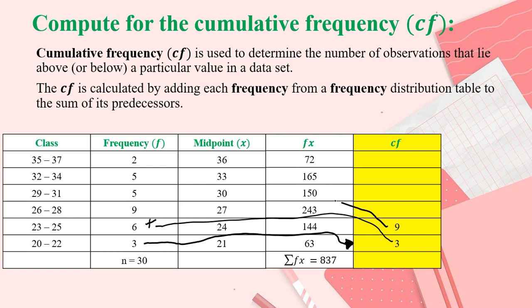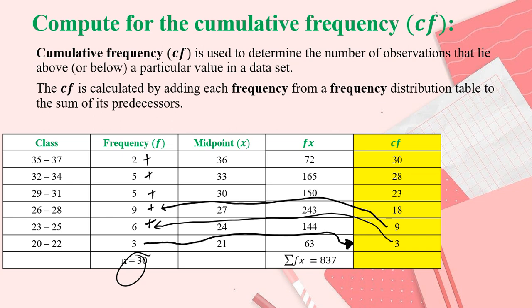Okay, same routine, si 9 po, i-add mo naman po sa susunod na frequency. 9 plus 9, we have 18. And then 18 plus 5, we have 23. 23 plus 5, we have 28. And 28 plus 2, we have 30. So, dapat po mag-end up ka sa kung ano po ang iyong n.